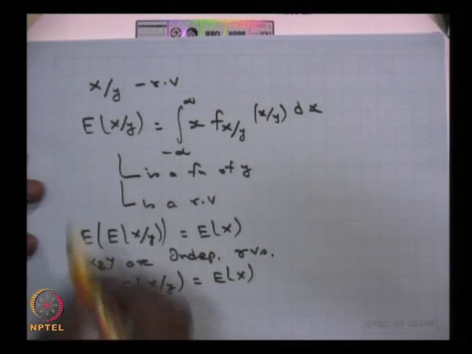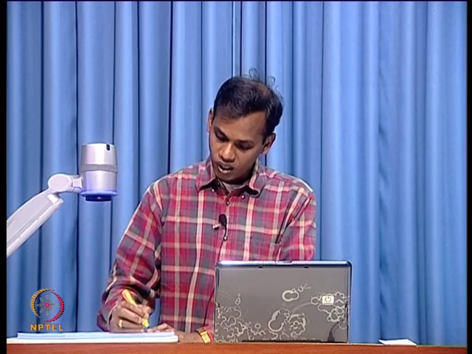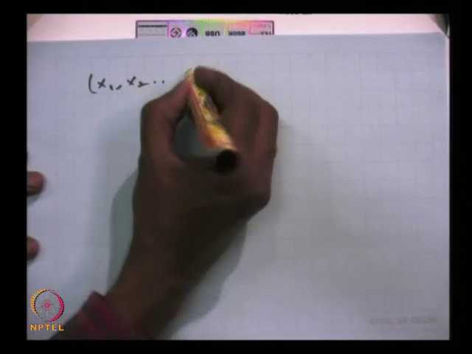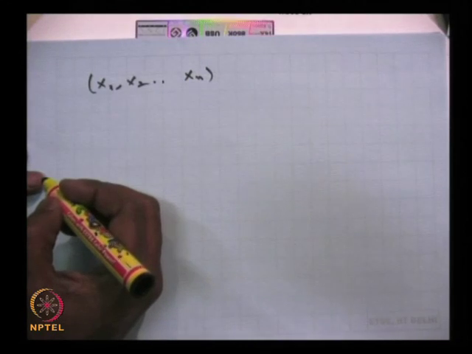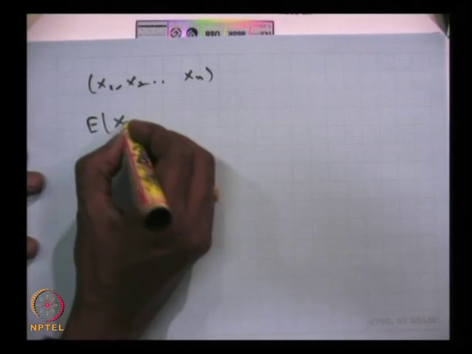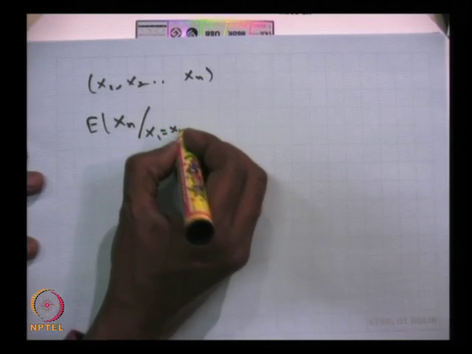And this conditional expectation is very important for an important property called the martingale property in stochastic processes, in which you discuss not only two random variables but n random variables, and you find the conditional expectation of one random variable given that the other random variables already take some value.